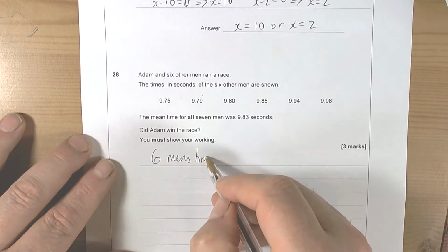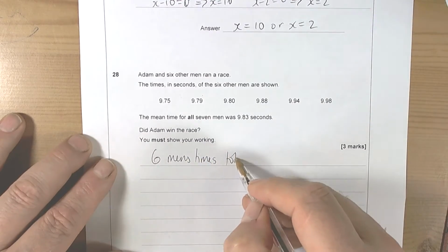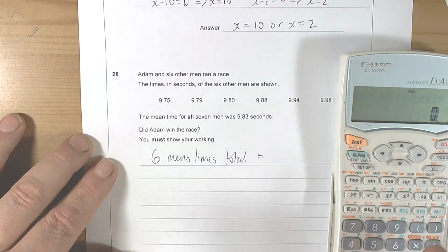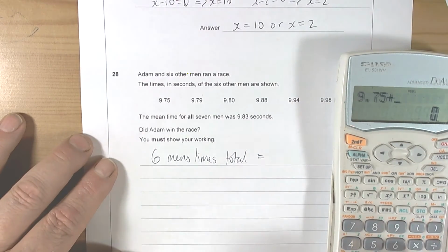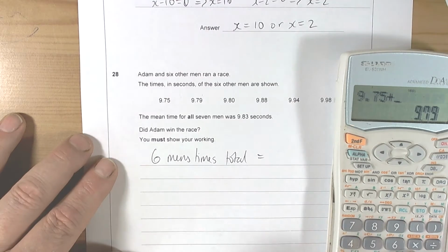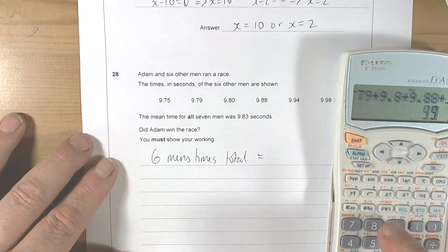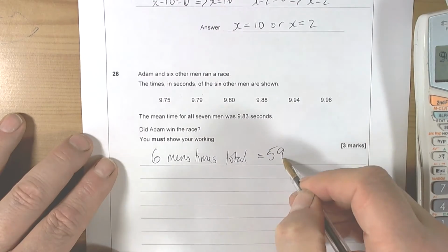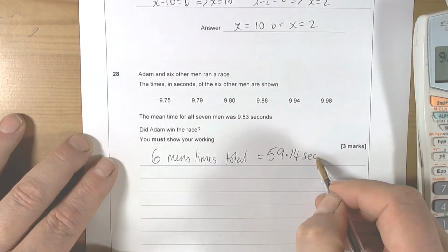So the 6 men's times total equals, well, it's a calculator paper, so 9.75 plus 9.79 plus 9.8 plus 9.88 plus 9.94 plus 9.98 equals 59.14 seconds.